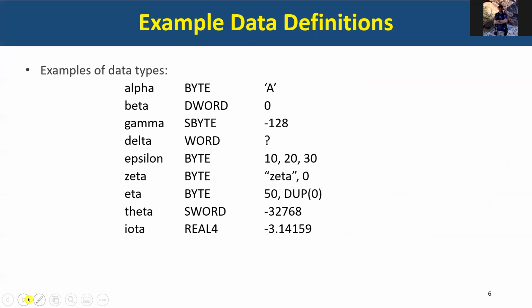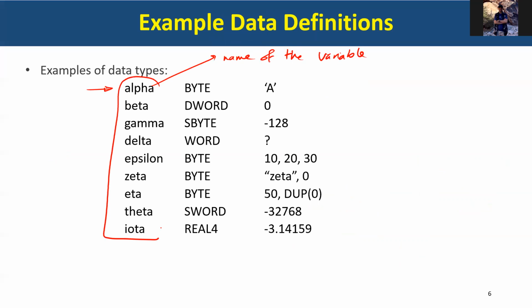Here are some examples of data definitions, like alpha. This is the name of the variable, and basically all these are names of variables. Here, BYTE is the data type.